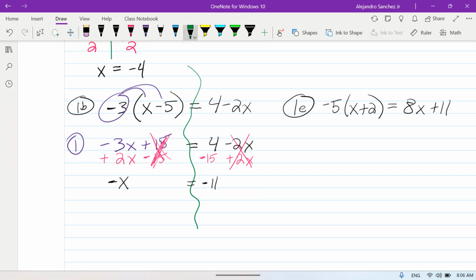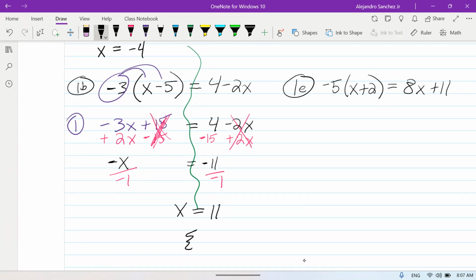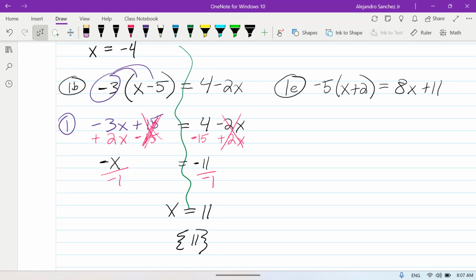The icing on the cake, this is your step 3. Now we want to get x by itself, so we divide both sides by negative 1. That way we isolate the variable: x equals positive 11. Then again, closing that into curly brackets.